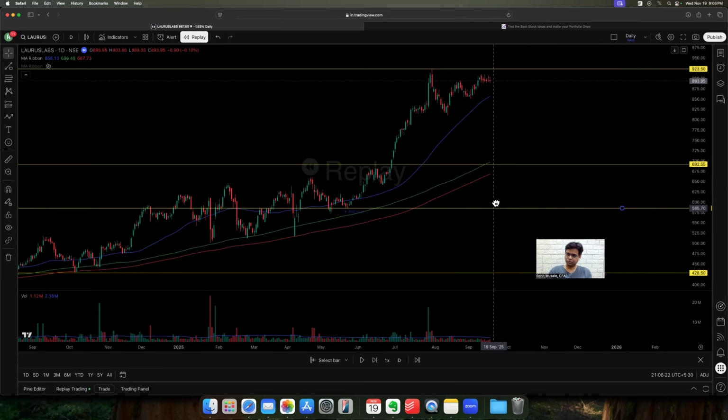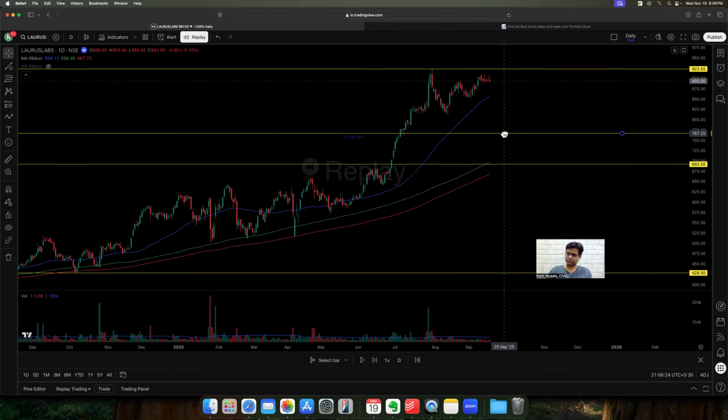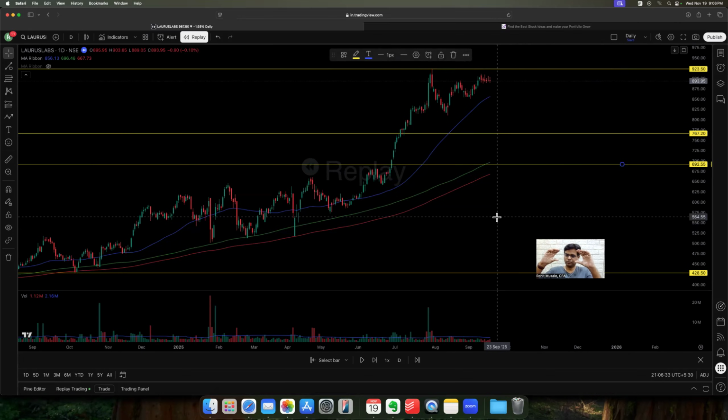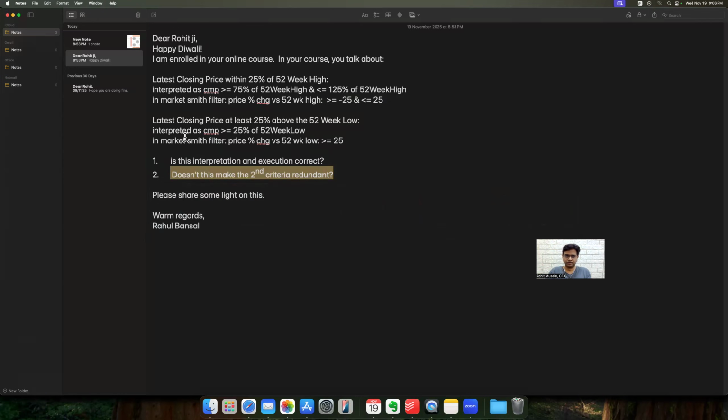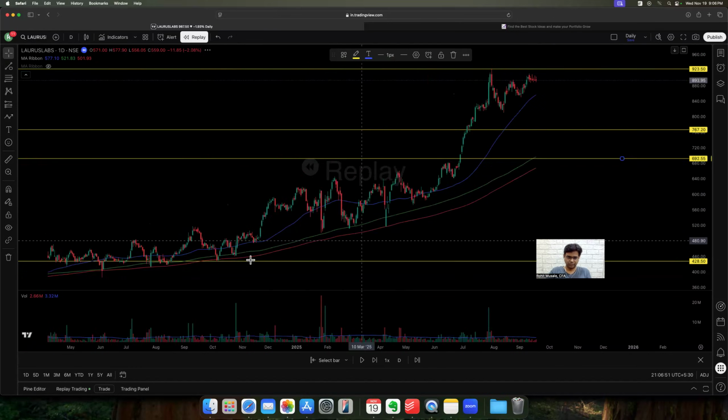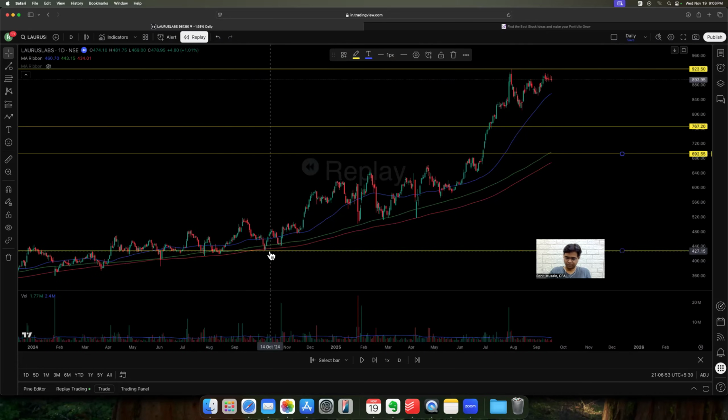So this line would go here somewhere, and this line would be below that line, correct? So basically, I am saying that if the distance between the 52-week high and low is 25% or less, that stock doesn't meet this particular criteria. So we want the stock to have already traveled a great distance. So if you see here, this is the 52-week high, 52-week low.